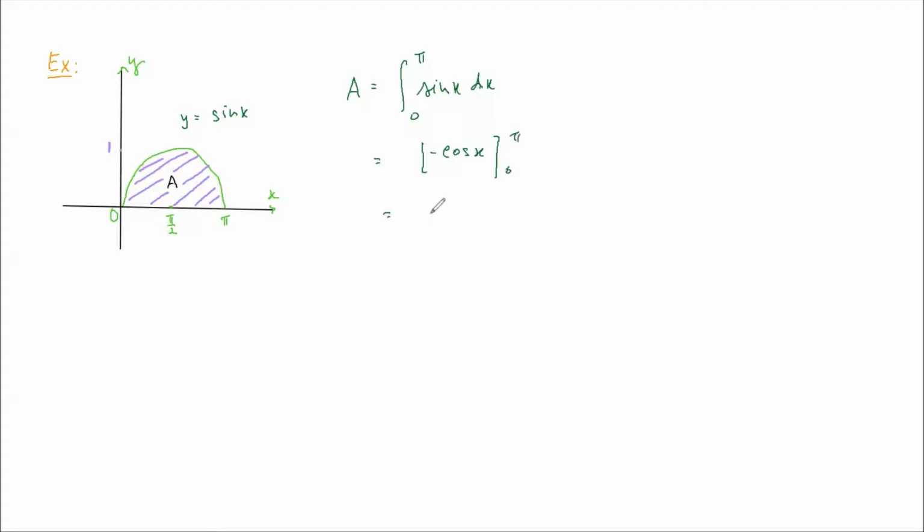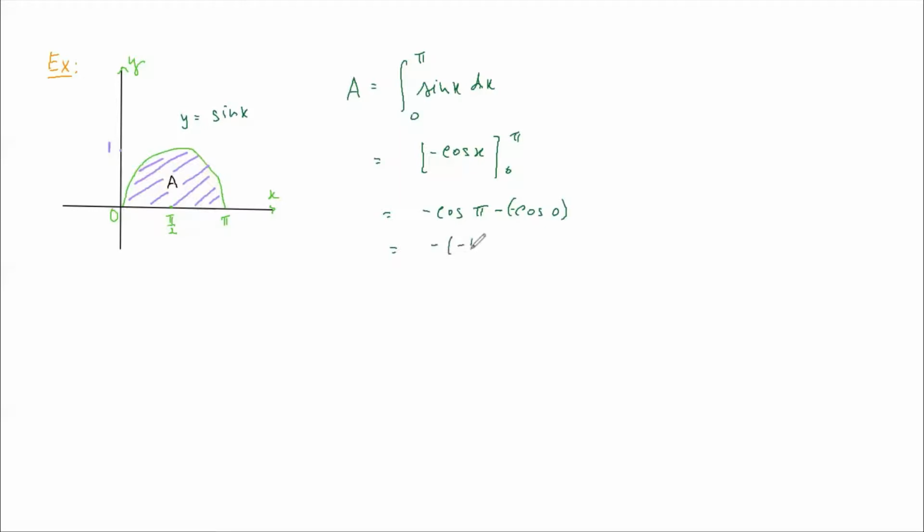Then you just replace, the same idea as before: minus cosine pi, minus, minus cosine 0. Cosine pi is what? It becomes negative 1.